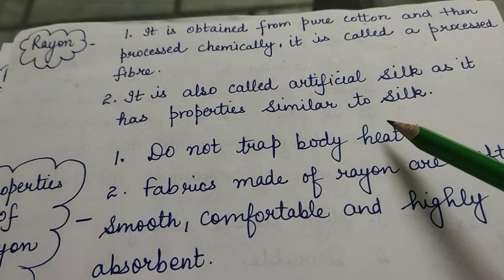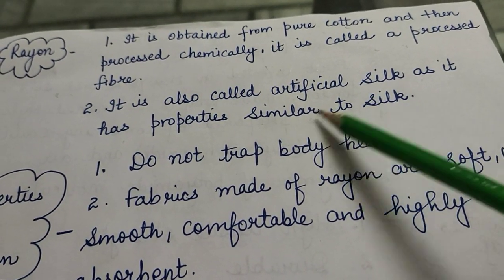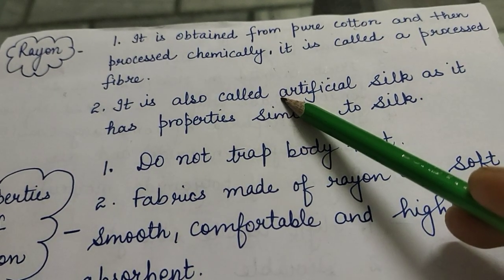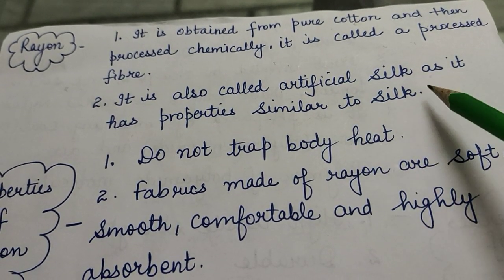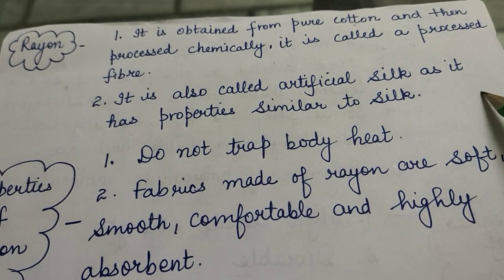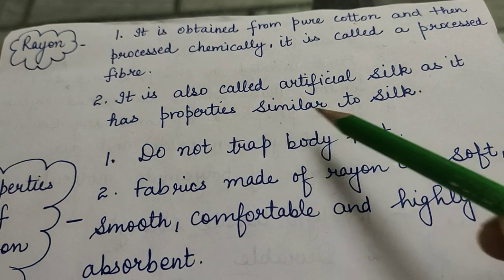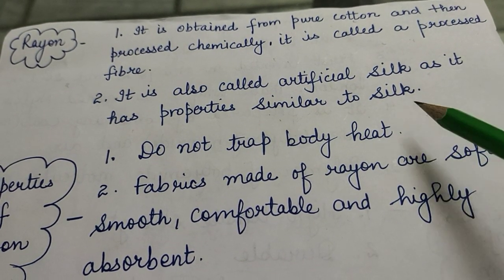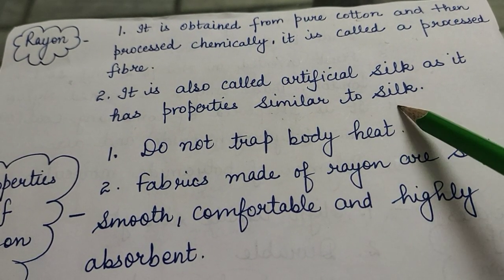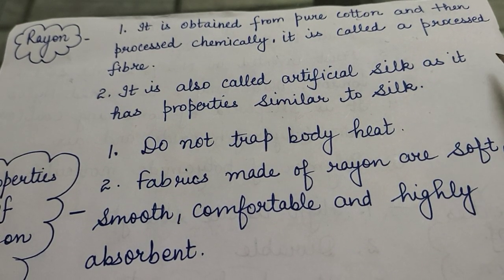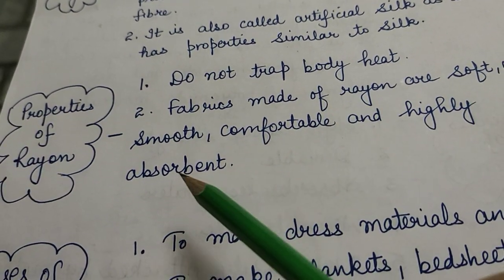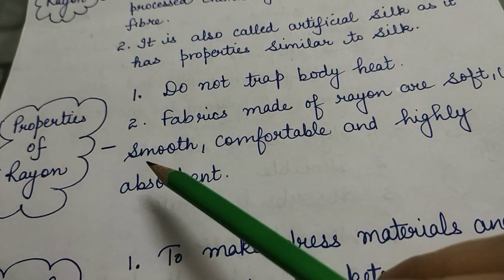The second thing about rayon that is very special is that it is also known as artificial silk, as it has the same properties that silk has. It has the feel, texture and shine of silk.